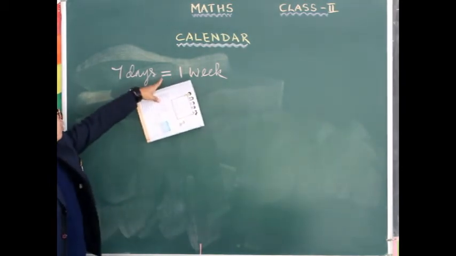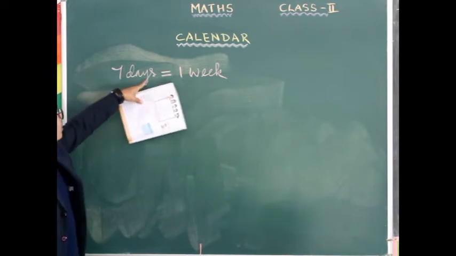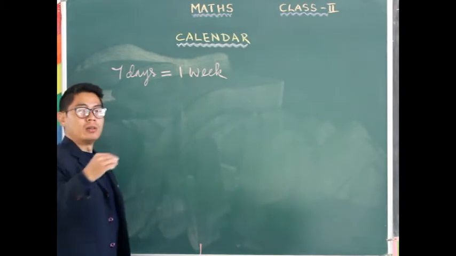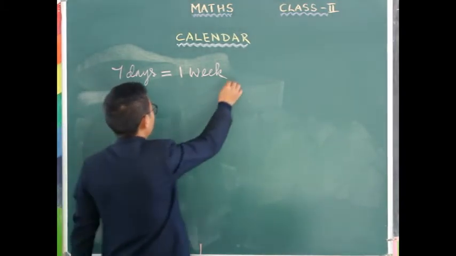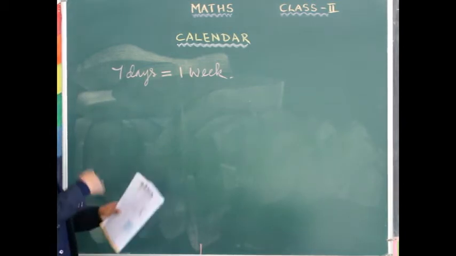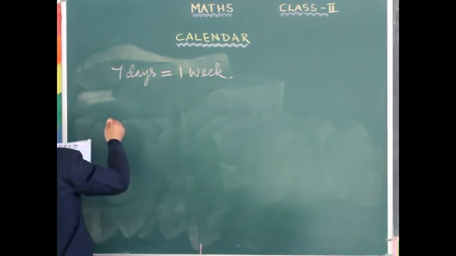So 1 week equals 7 days, and 7 days equal 1 week. So in 2 weeks, it will be 14 days, like it is the addition of 7 days.